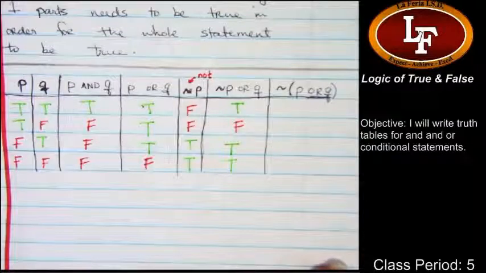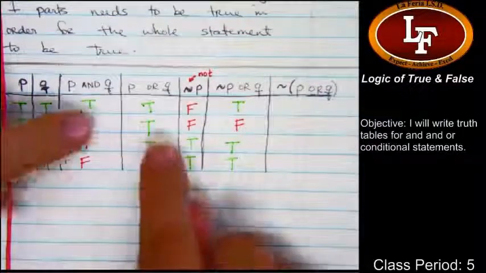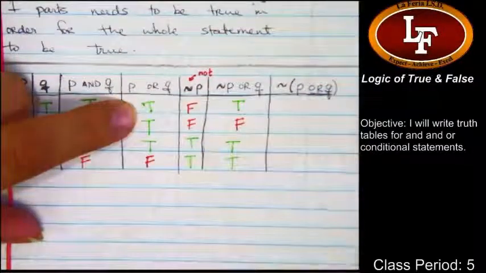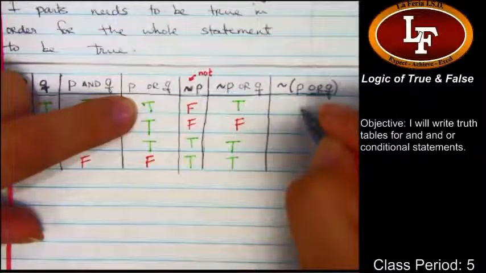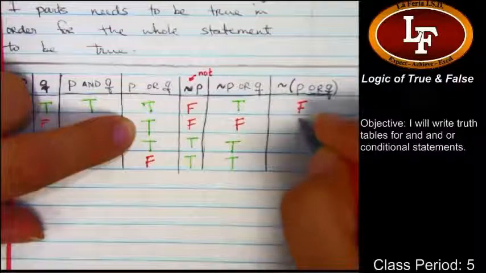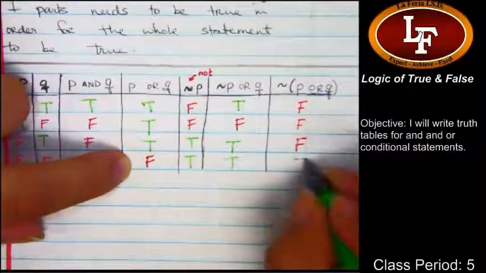Do you hear the difference? Not P or Q. So you're going to look at the P or Q column and then the opposite truth values of each one. So here's the P or Q column. What's the opposite of this truth value? The next one? The next one? The next one? True. Done.